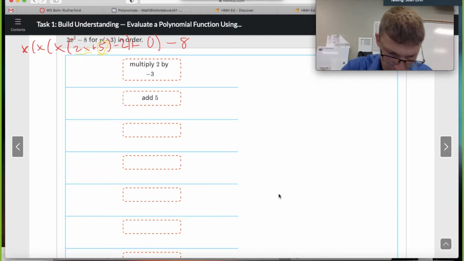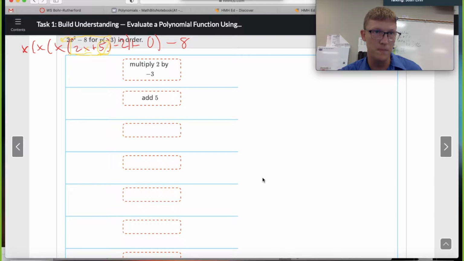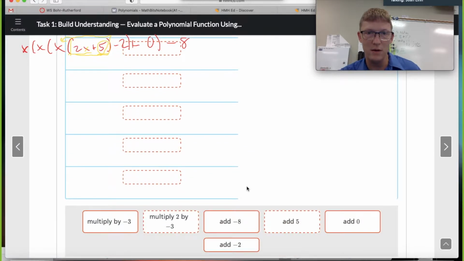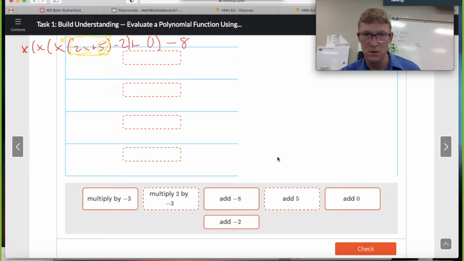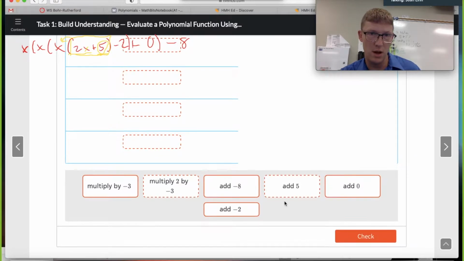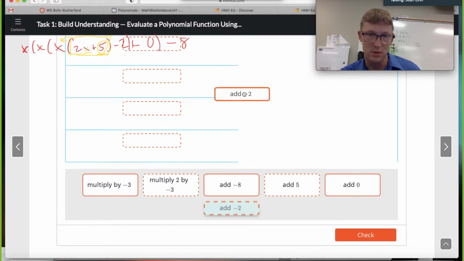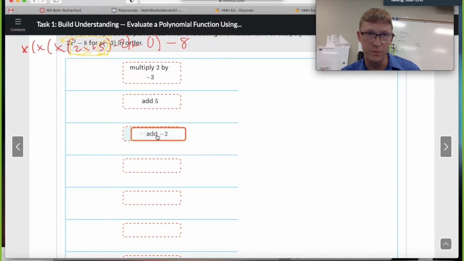So then we have this number. The next thing we're going to do is multiply by x, because multiply comes before adding or subtracting. So we're going to multiply by x. They don't have that, so I guess it's assumed. So then after that, we're going to subtract or add a negative 2.